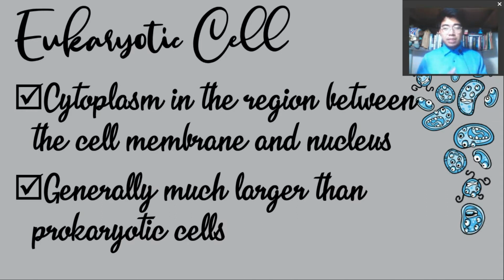So once again, plasma membrane is the general term, while cell membrane is usually used whenever we are talking about eukaryotic cells. Also, eukaryotic cells are generally much larger than prokaryotic cells, and they occupy a lot of space compared with prokaryotic cells.